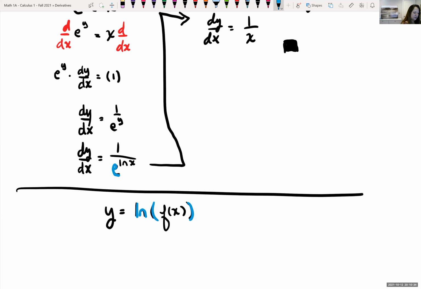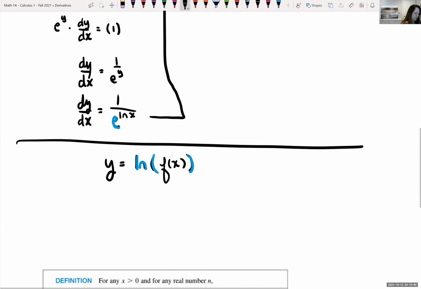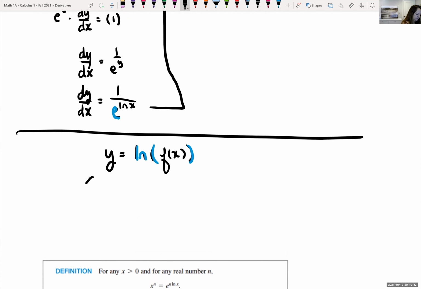So when we take the derivative of this, dy dx equals 1 over what we were taking the natural log of, the inside of our function f of x, times the derivative of the inside.